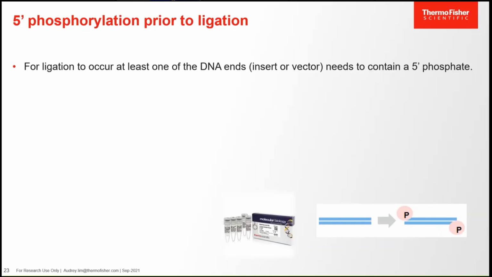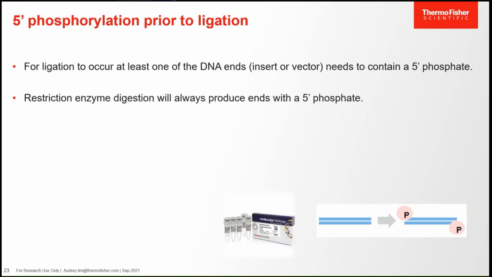So if your vector is already dephosphorylated, that means the phosphate is taken out, then your insert must have a 5' phosphate for the ligation to happen. If you are preparing your insert using a restriction enzyme, then there is no problem because RE digestion will always produce ends with a 5' phosphate.